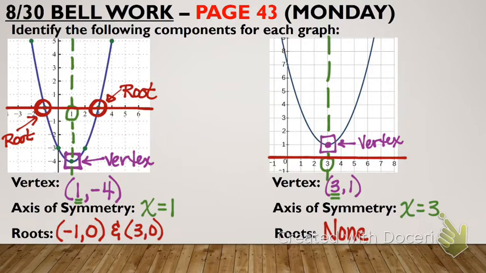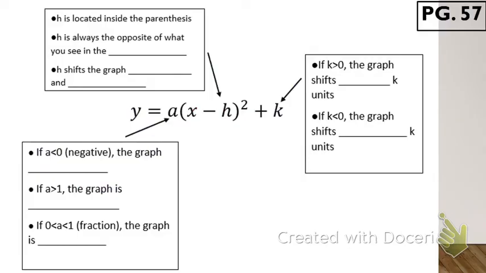It had the same basic shape, but the one that we drew second was much skinnier, and it had moved up. So today we're going to talk about how we can use what we know about that basic parent function, and then 3 letters, A, H, and K, to help us graph any parabola we want to graph. So we're going to be on page 57.